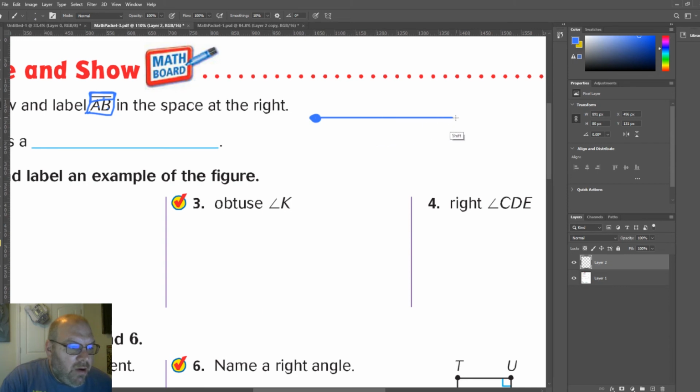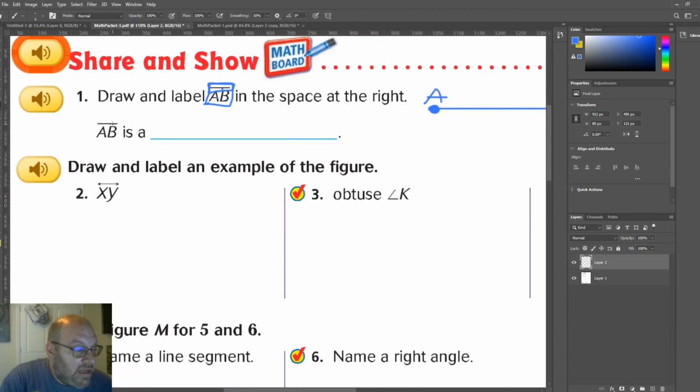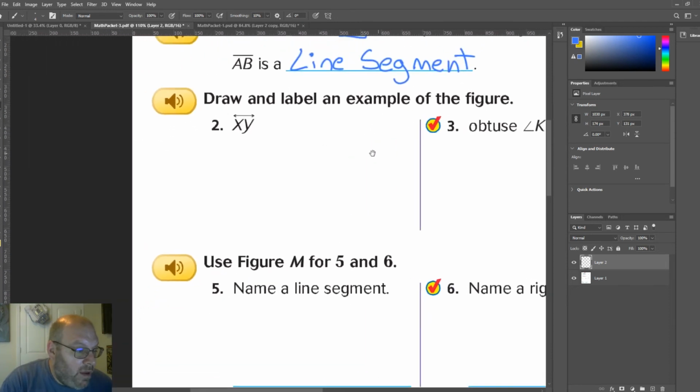And then we go to another stop sign, and we label our points A and B. All right? Now, line segment AB is a, well, we just said it. It is a line segment. All right, so that's what it wants from the first one.